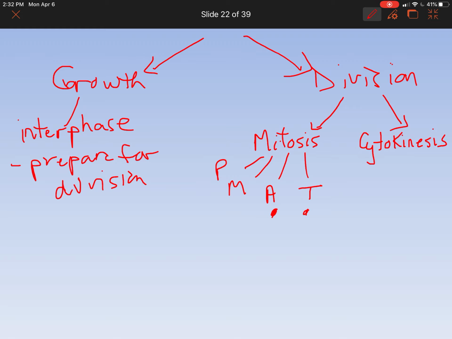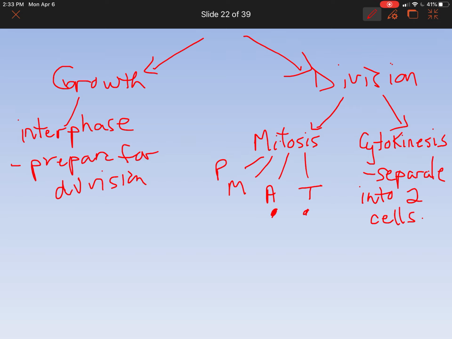But in the cytokinesis, this is when it's going to separate into 2 cells.